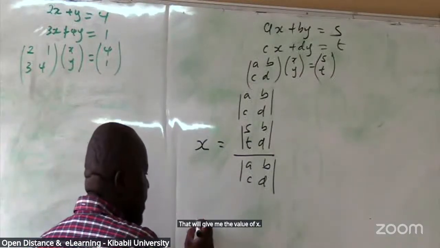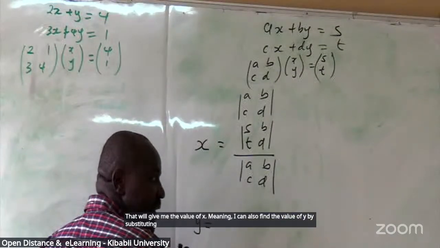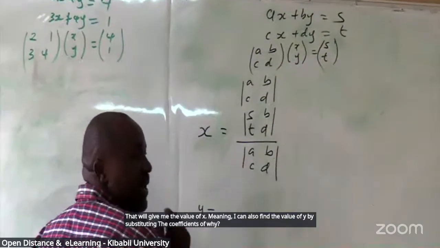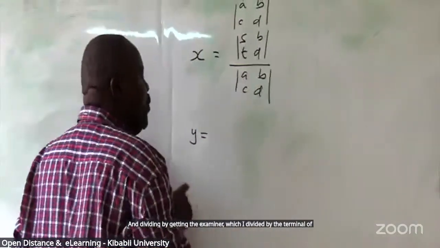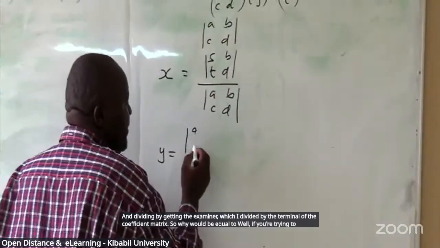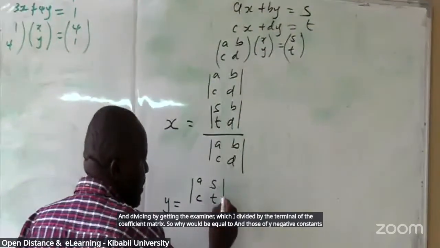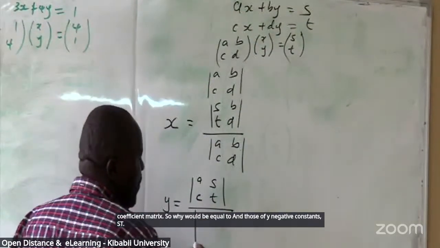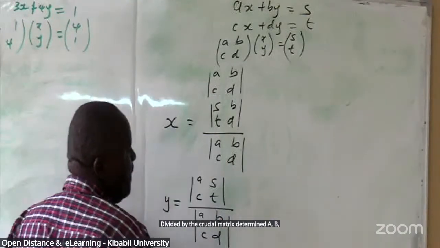Meaning, I can also find the value of y by substituting the coefficients of y and dividing by the determinant of the coefficient matrix. So y will be equal to the determinant where the coefficients of x remain a, c, and those of y take the constants s, t, divided by the determinant of a, b, c, d.